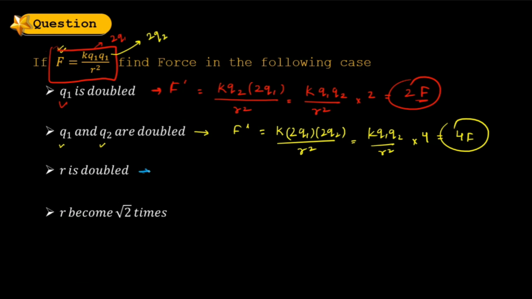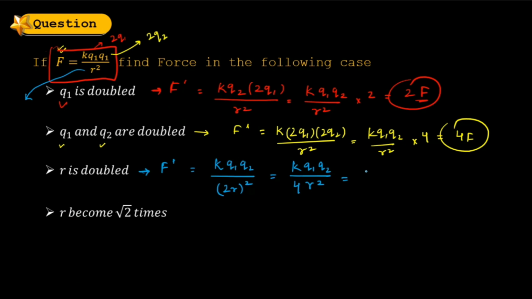In the next part, the question says R is doubled. R means the distance between the charges is doubled. Let's see what happens. So K Q1 Q2 by, in place of R we'll write 2R whole square. Now this is a square, remember this. So K Q1 Q2 by, in place of 2R whole square we have 4R square, because 2 square is 4.